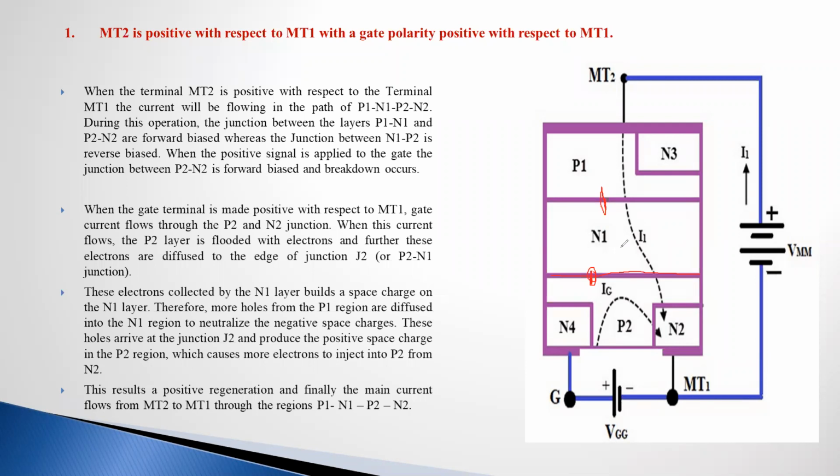But here it is the opposite process. N material is connected to the positive side. P material is connected to the negative side. So obviously, this junction is in reverse bias condition. This is the forward bias condition, but this junction is the reverse bias condition.